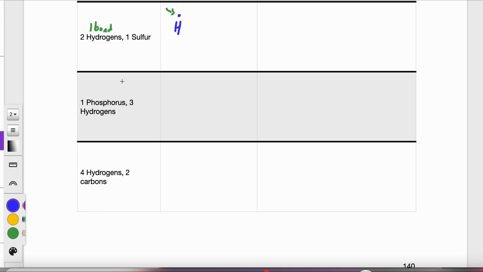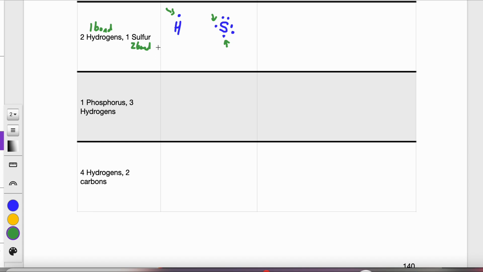Sulfur comes from group 16 like oxygen, and because it's in group 16 like oxygen, it has 6 valence electrons. And when you look at its dot diagram, like oxygen's, 2 of the electrons are unpaired, so a sulfur has to form 2 bonds.